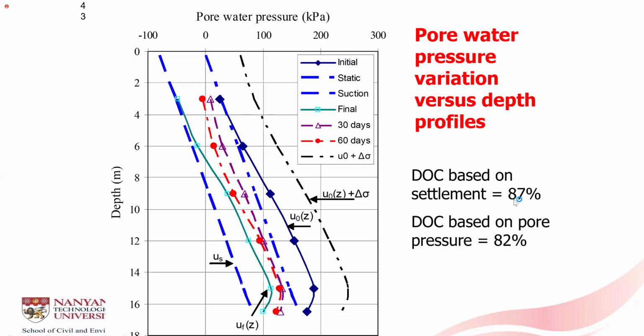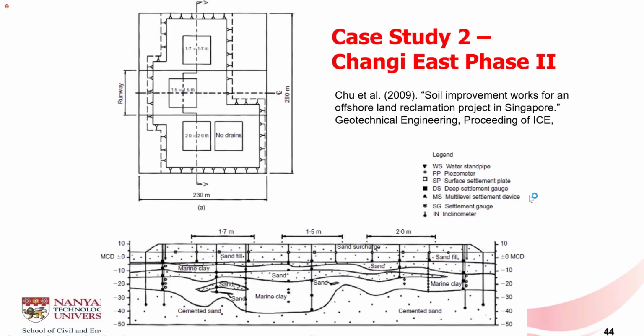But if you use settlement, you get 87%. So again, the degree of consolidation from settlement is greater than the degree of consolidation from pore pressure, and this is because of the instrumentation.